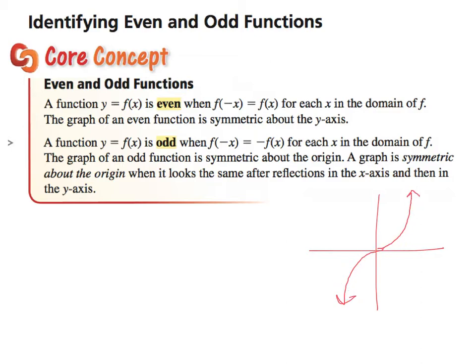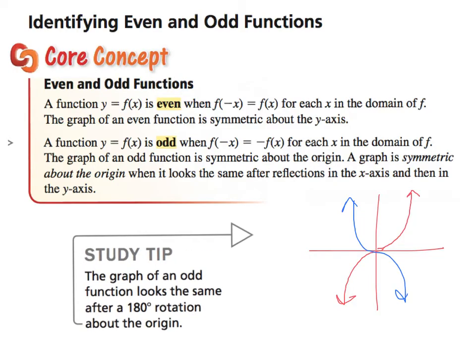The same thing is if you get and look like that, that means that it would be an odd function. A study tip would be this: the graph of an odd function looks the same after a 180-degree rotation about the origin. So it would look the same if you rotated it 180 degrees about the origin.